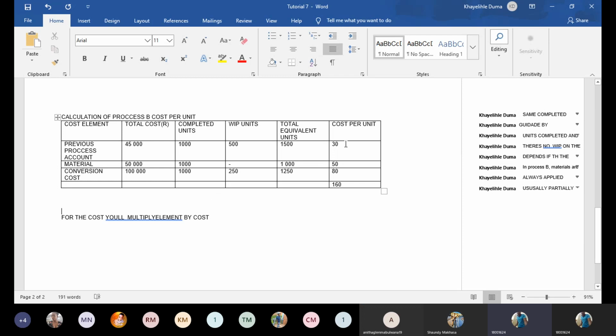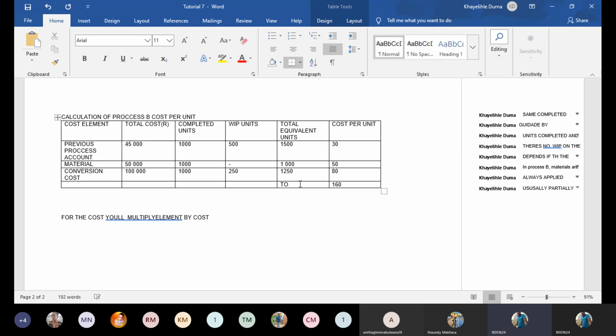Right. And then after that, you can just now add your cost per unit as for previous, and then you'll get the total of the cost per unit. Let me come here and write total. Okay, total is 160.